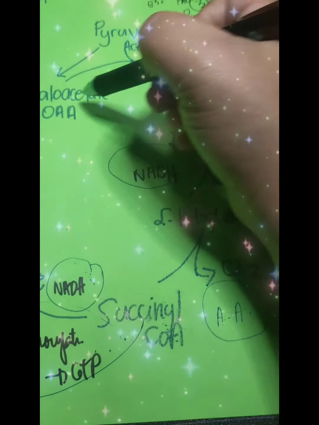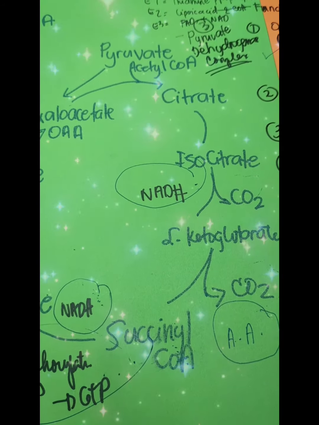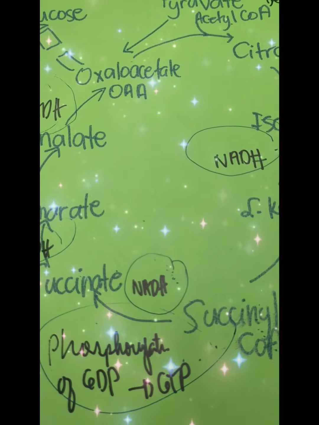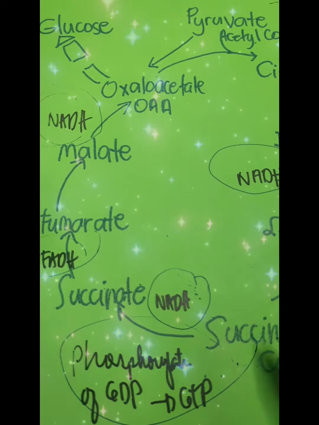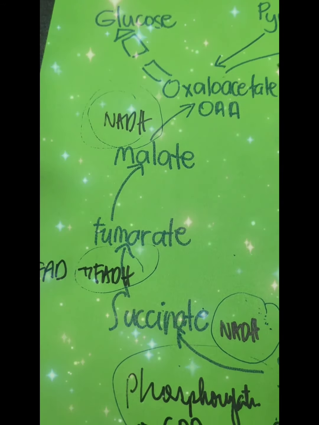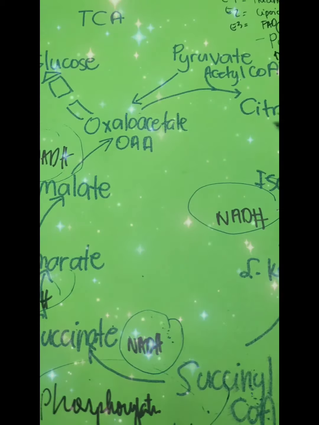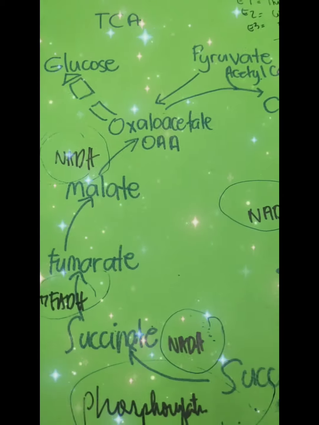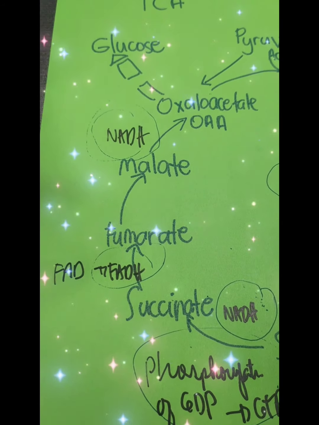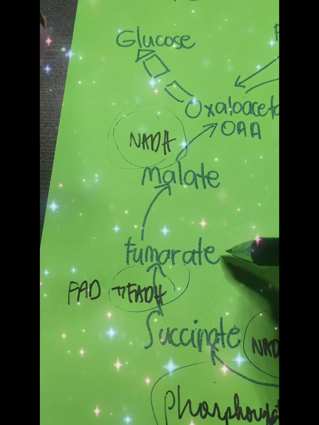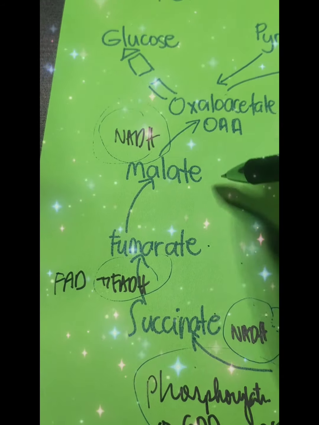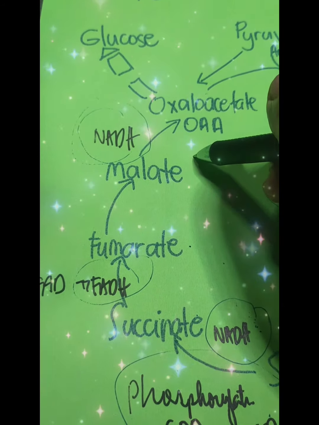So, ibig sabihin, kahit hindi ka nagsimula rito, kung meron kang amino acid that will yield succinyl-CoA, meron ka pa rin succinyl-CoA. Bakit kailangan nating i-emphasize itong mga ito? Kasi, for this cycle to succeed, kailangan ang mga component na ito, alpha-ketoglutarate, succinyl-CoA, and of course, the fumarate.